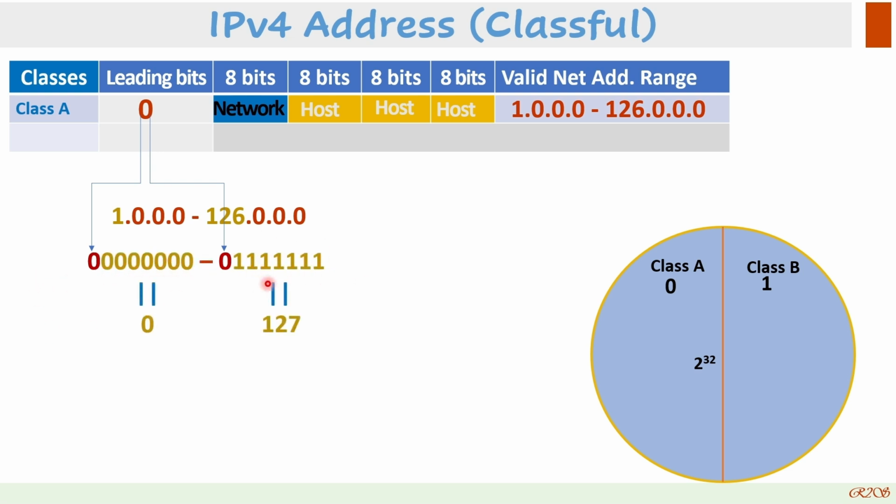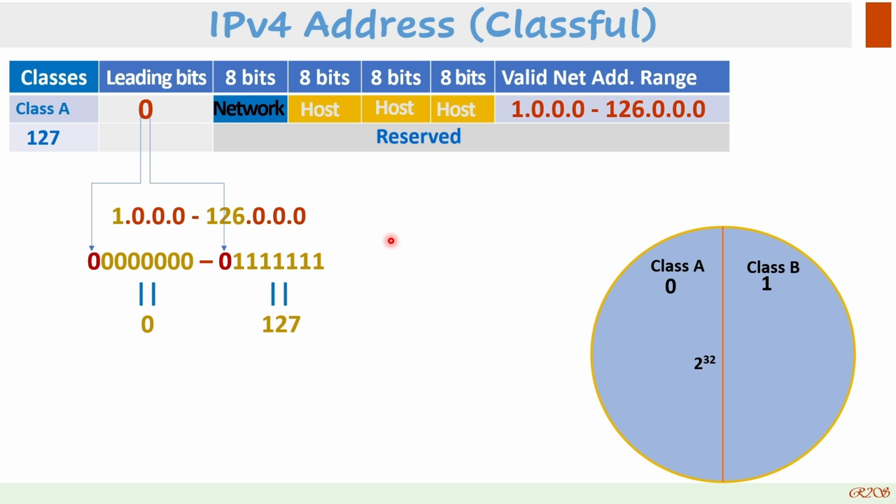all 0 or all 1. So if it is all 0, the decimal of this is 0, with the leading bit, or leftmost bit, being 0, and the all-1 case is 127. So now the question is, why not 0 to 127? The idea is that 127 is kept as reserved.